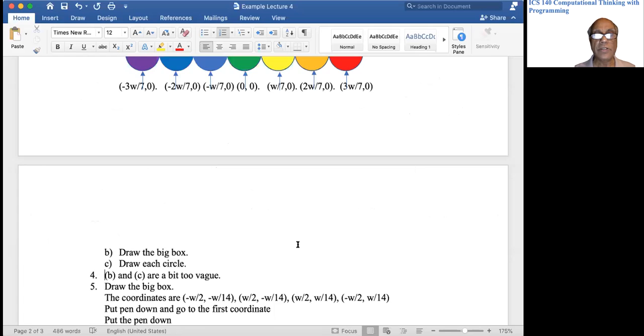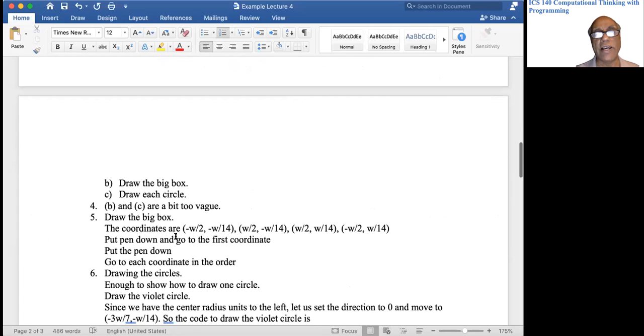Okay, then how do I draw the box? I have those coordinates, but I didn't have a picture. So what I could do is go to one of these coordinates first. You know that you can move your turtle by writing turtle.goto and giving these values.